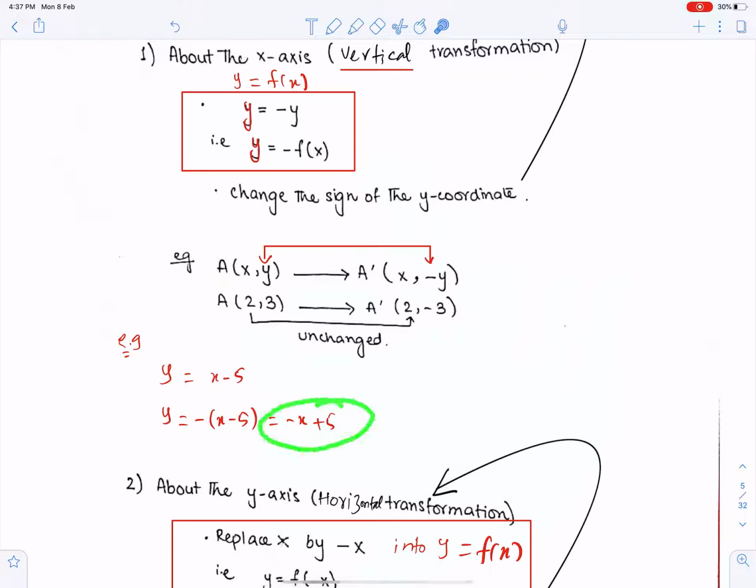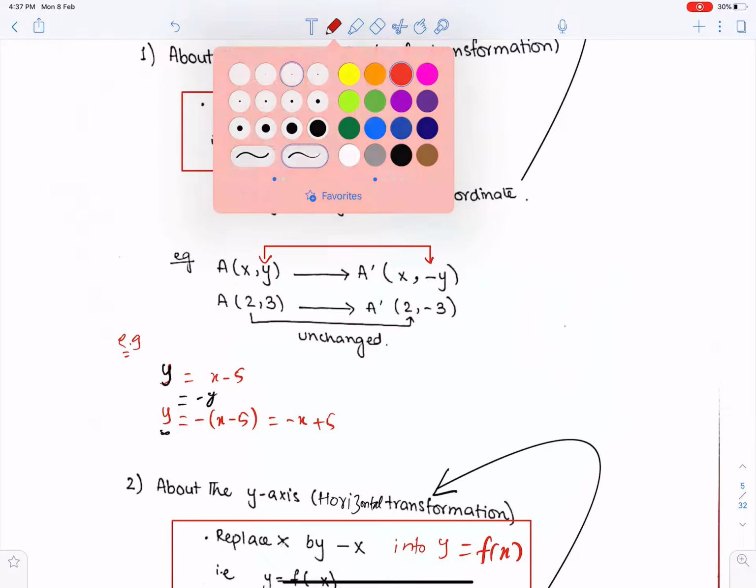So this is the equation of the image. I use this equation here. y is equal to minus y. And this is y. And this y means the y of the image. Red y means image and black y means object.